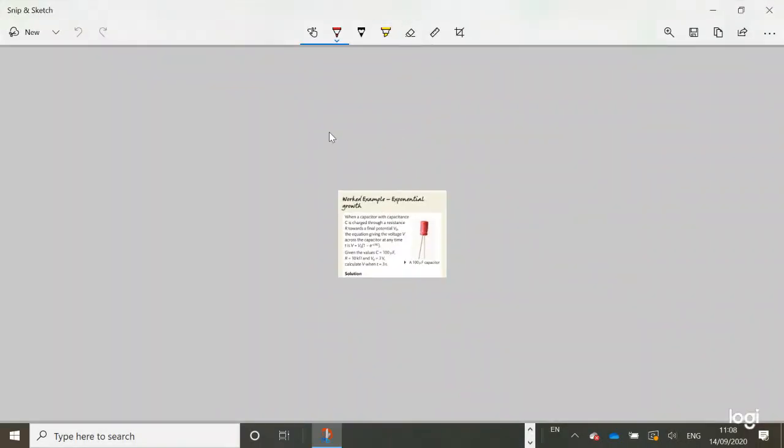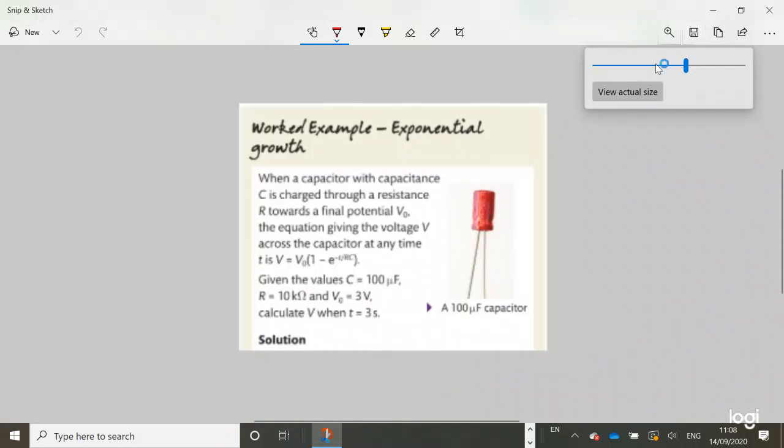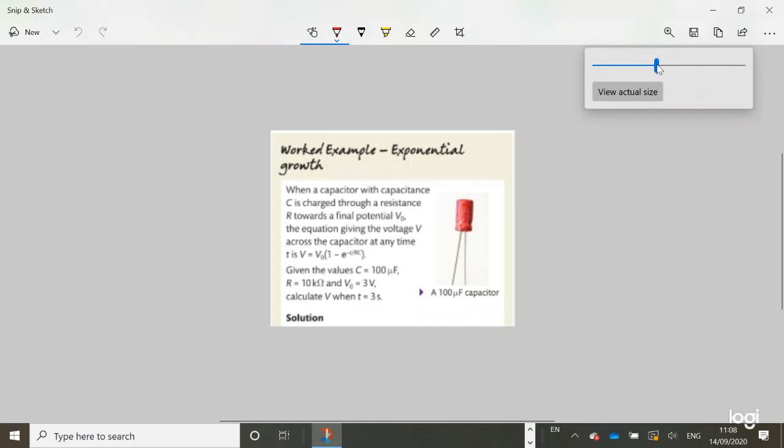Okay, zoom in. We're just about able to see that, can't we? Can you see the words? Mind the cable. Lovely, sir. Thank you very much.